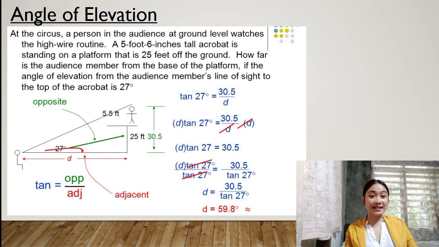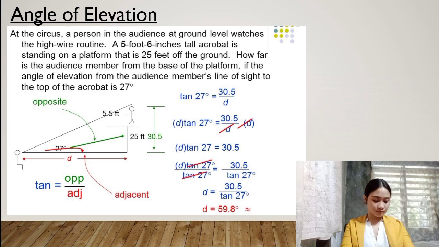That means it cancels out again. So what remains is the distance, or the adjacent. So, distance is equal to 30.5 over tangent 27 degrees.